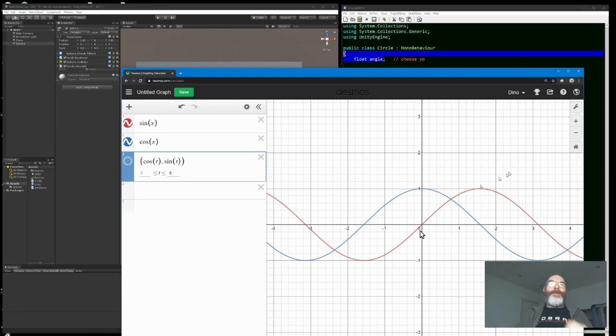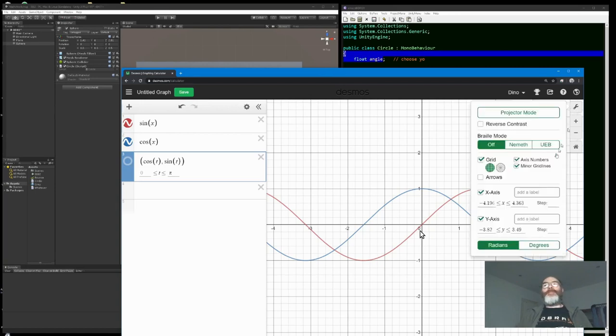Right, now I'm going to show you one of the reasons why it's really nice to use radians. Because now I'm going to switch this graphing system, Desmos, to degrees.